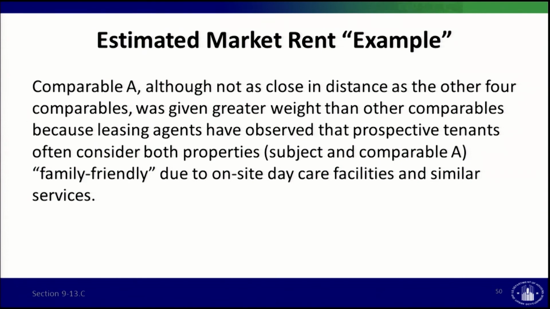The text that the appraiser used read: comparable A, although not as close in distance as the other 4 comparables, was given a higher weight than the others because leasing agents have observed that prospective tenants often consider both properties, subject and comparable A, family-friendly due to on-site daycare and similar services.